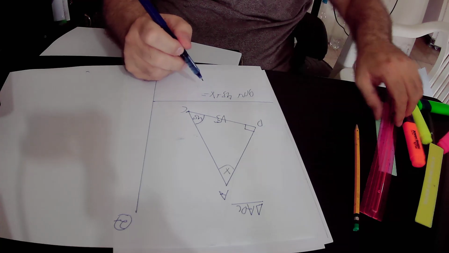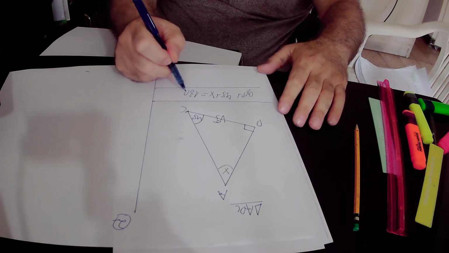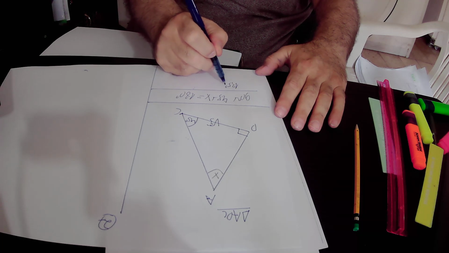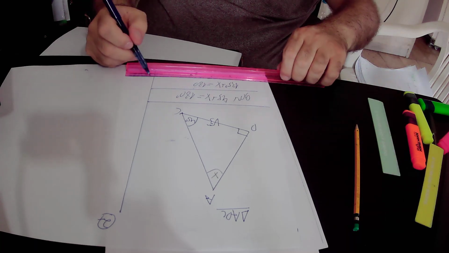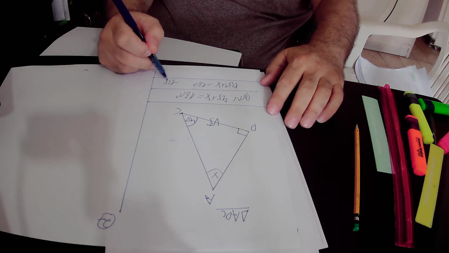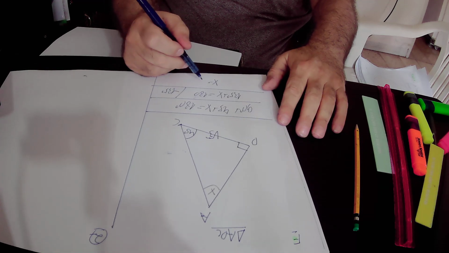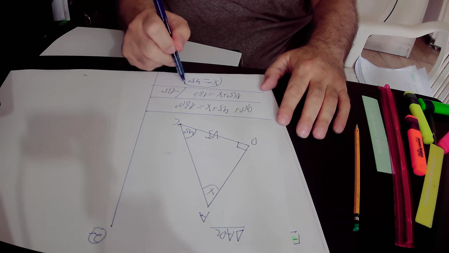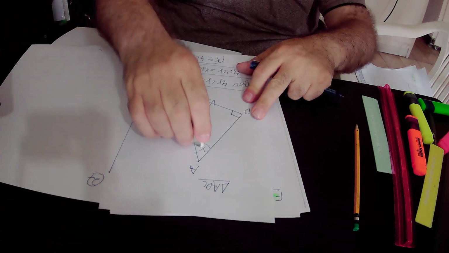In total, the sum of those three angles must be equal to 180 degrees. So 90 degrees plus 45 degrees is 135 degrees, plus x equals 180 degrees. Here we subtract 135 degrees from this equation, and we get that x equals 180 degrees minus 135 degrees, which is equal to 45 degrees. We found out that angle x equals 45 degrees.